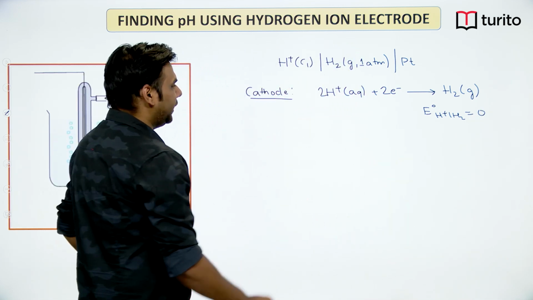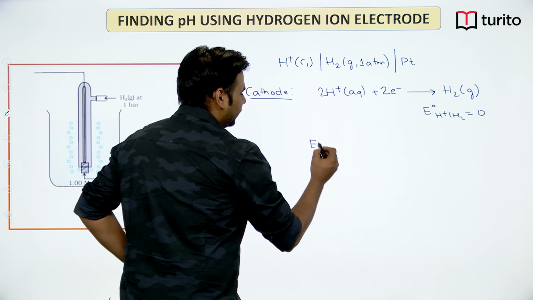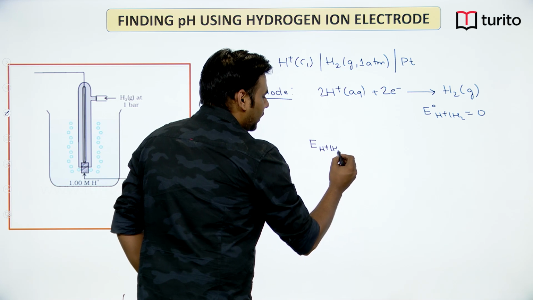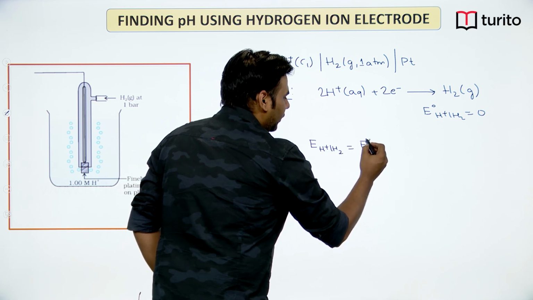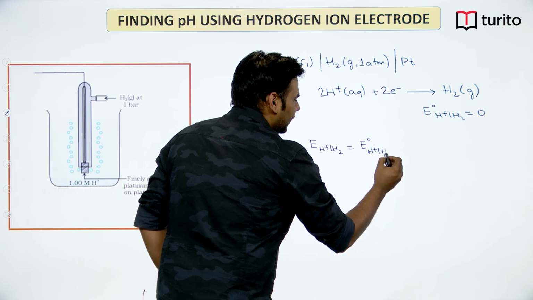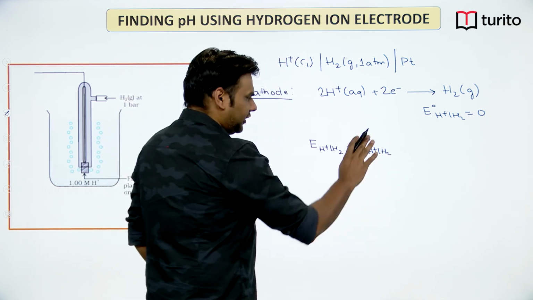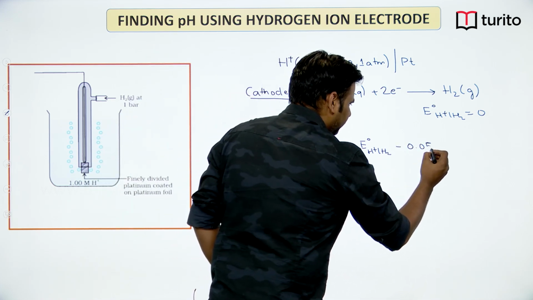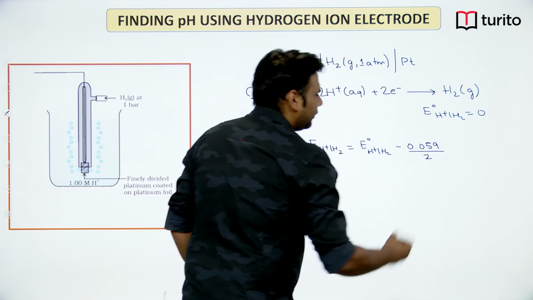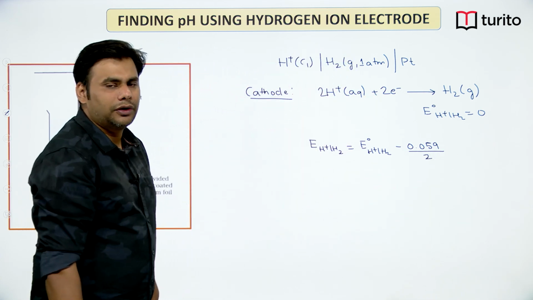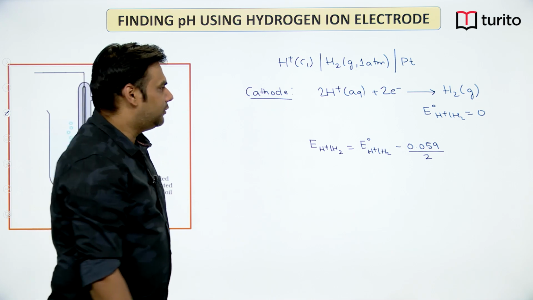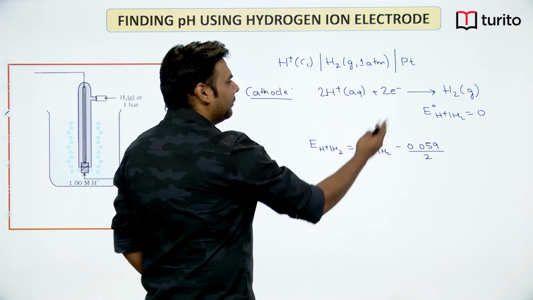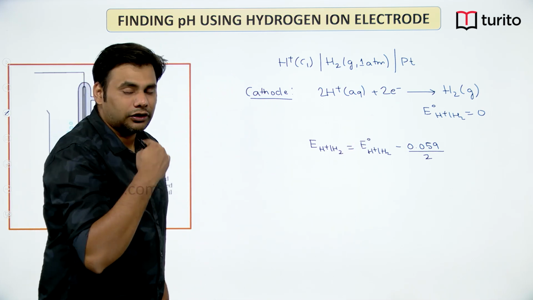If we want to write the EMF of this cell using the Nernst equation, we will say that the EMF, for H plus changing into hydrogen, will be equal to E naught of this electrode, we are just basically applying the Nernst equation, minus 0.0591 upon 2, because n over here is 2. n is the number of electrons exchanged between the different electrodes, or in this case, because it is only a half electrode, n is basically the number of electrons transferred, gained or lost.